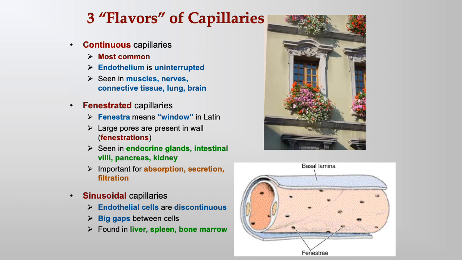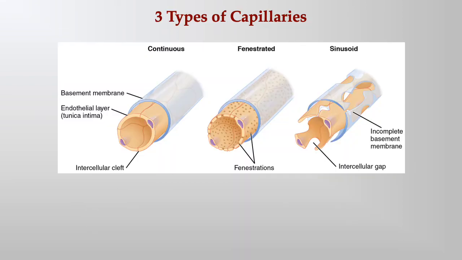Remember, you make red blood cells in your bone marrow, so they have to get into the blood there. And then remember, your liver and your spleen filter your blood, and they recycle old used up red blood cells. So whole red blood cells have to be able to get in and out. So those are three of the main places where you'll see the huge sinusoidal capillaries.